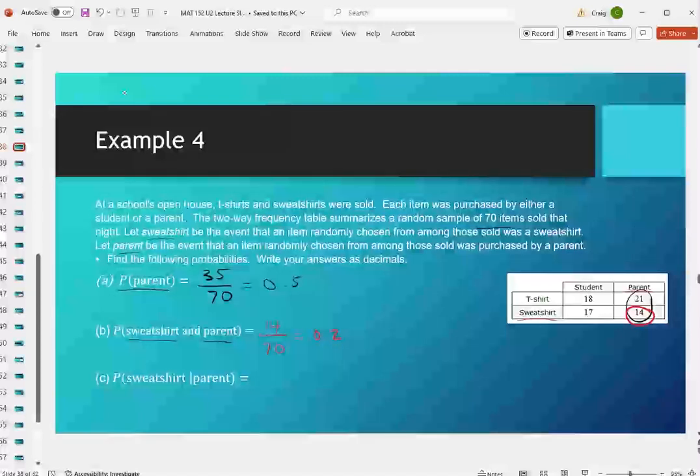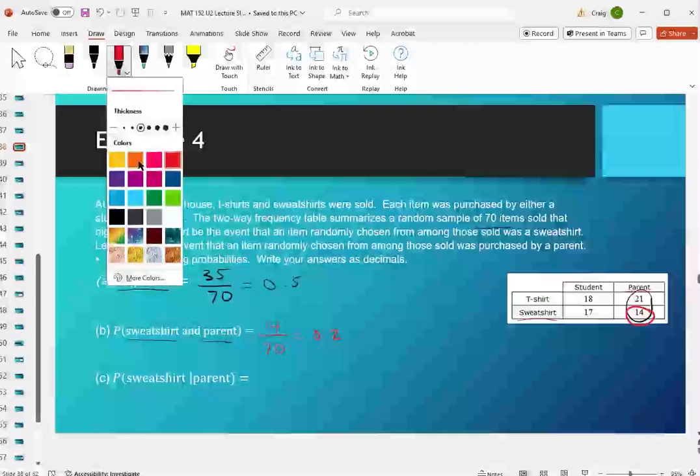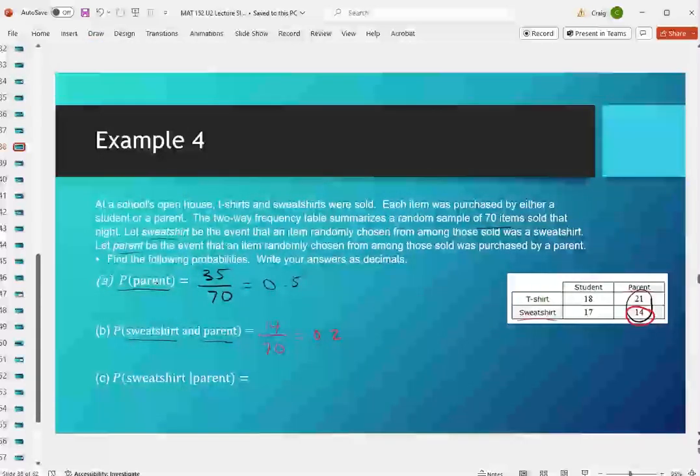Okay, now I want to find the probability. I'm going to change colors one more time here. That the random event that's chosen is a sweatshirt, given that we choose a parent, right?